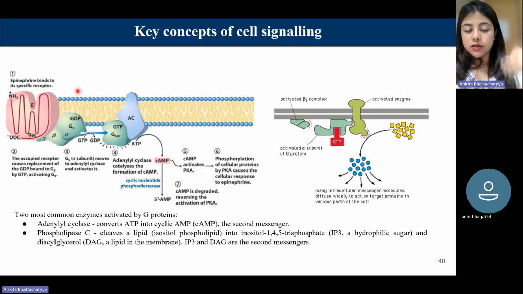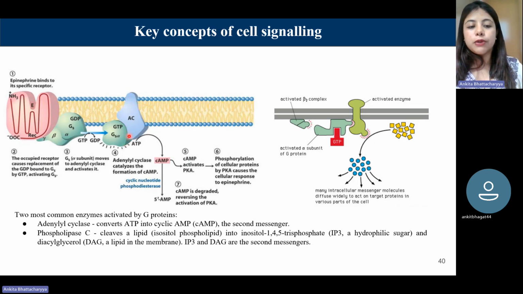And once the necessary ligand has bound to the receptor, in this case it is epinephrine, just given as an example, then this receptor is able to trigger the movement of the GTP, the associated G protein, which has an alpha, beta, and gamma subunit, from which the alpha subunit is able to move away from it.